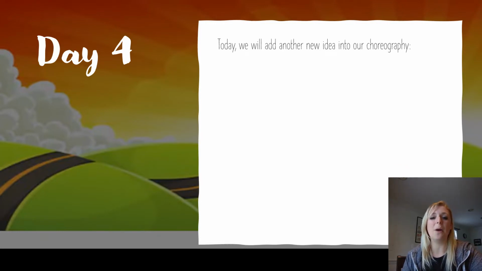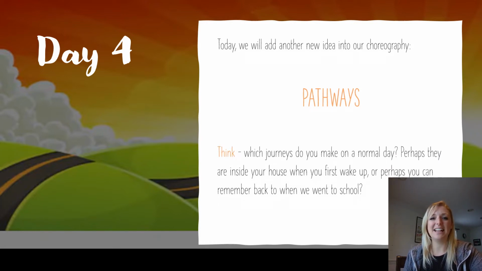So it is day 4 and we have a new idea to look at today, which is pathways. Now, before I tell you what that is, have a think to yourself. Tell somebody in the room if there's somebody there. Which journeys do you make on a normal day? So travelling around. Perhaps at the moment they stay inside the house. So think about where you travel from the second you first wake up.